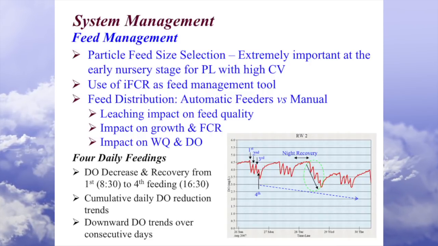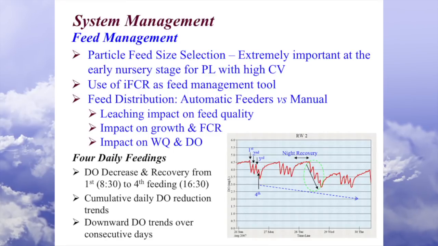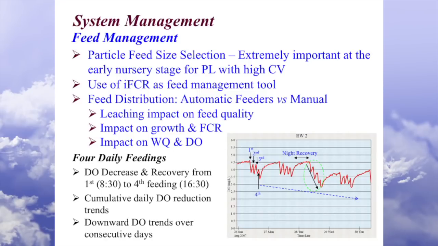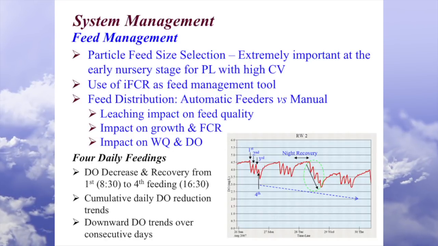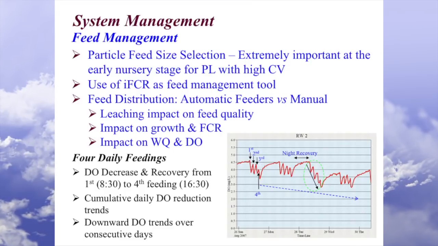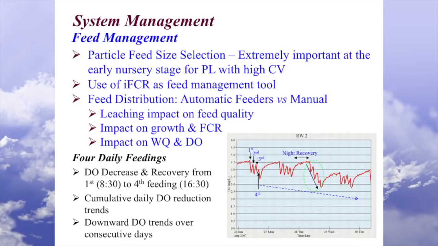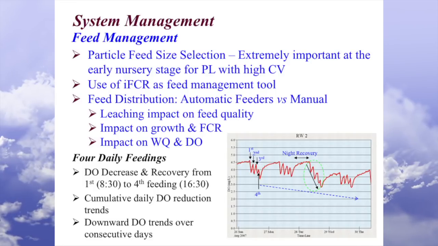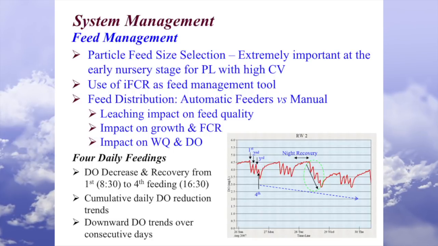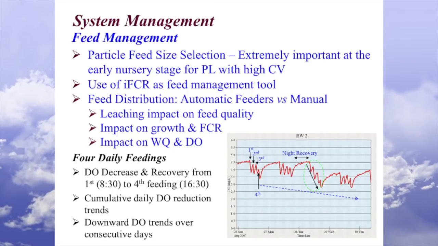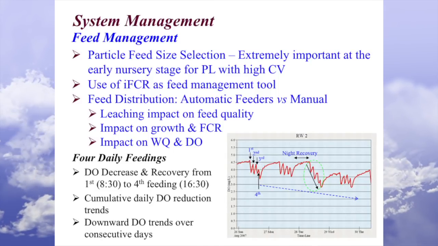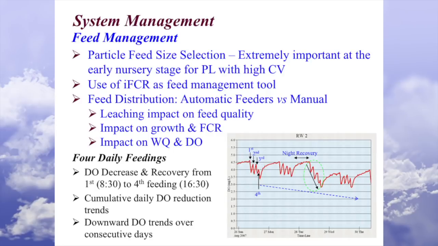Now, distribution by automatic feeder, we found that it is very, very useful, with small quantity at a time, and here's why. When we started to work in this system, we used to feed 4 times a day, with monitoring of the oxygen very regularly, and what we found is that after feeding, oxygen drops, then recovers, and at night we were not feeding, so oxygen increases, and then all along you see the trend of drop in dissolved oxygen.